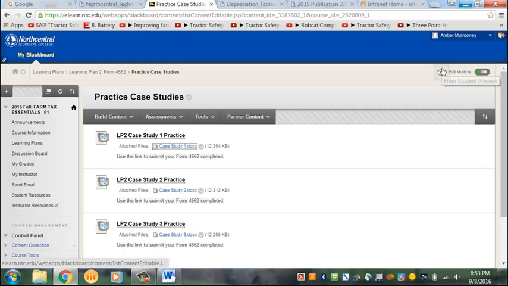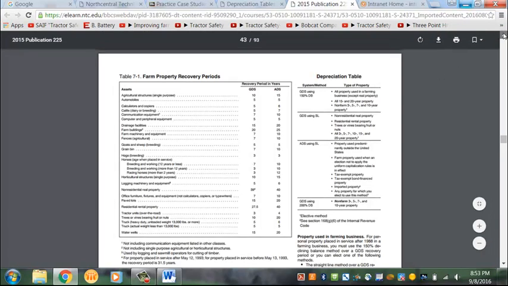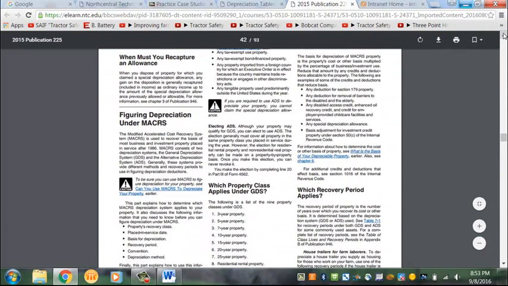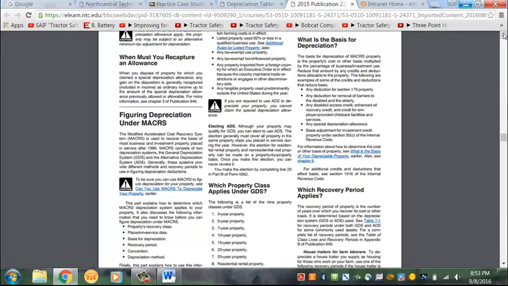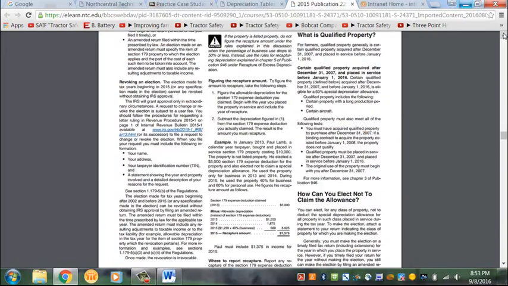Two other things to note for depreciation is that there are two kinds of special depreciation. One of them is called Section 179. And this means that you are allowed to take all of the cost of the asset, or a portion if you choose to only take a portion, as a deduction in the year that it is purchased.